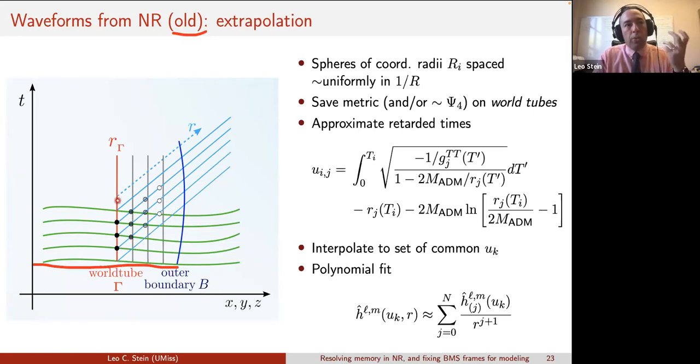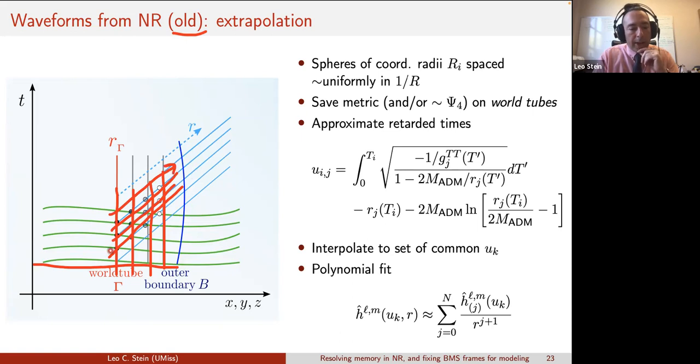And we pick a bunch of coordinate spheres inside our simulation volume. Each of these vertical lines is a coordinate sphere. And we save the strain data on those coordinate surfaces. Then in post-processing, we can try to find surfaces that are null, so outgoing null rays going through all of these coordinate spheres.